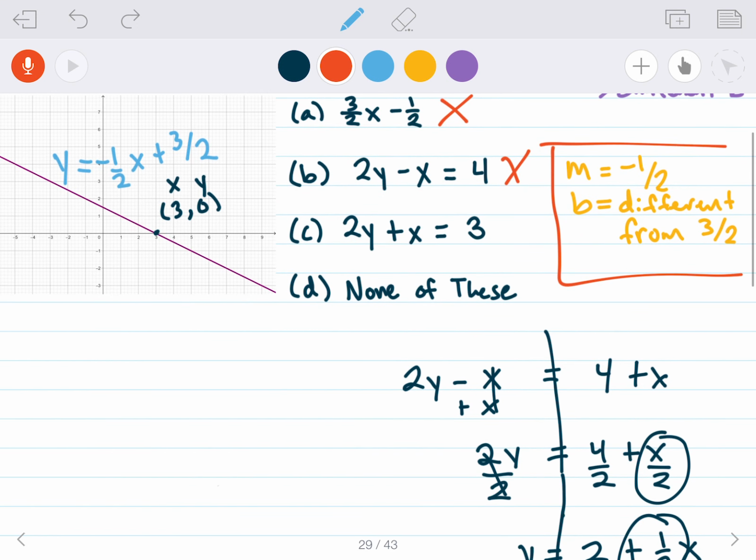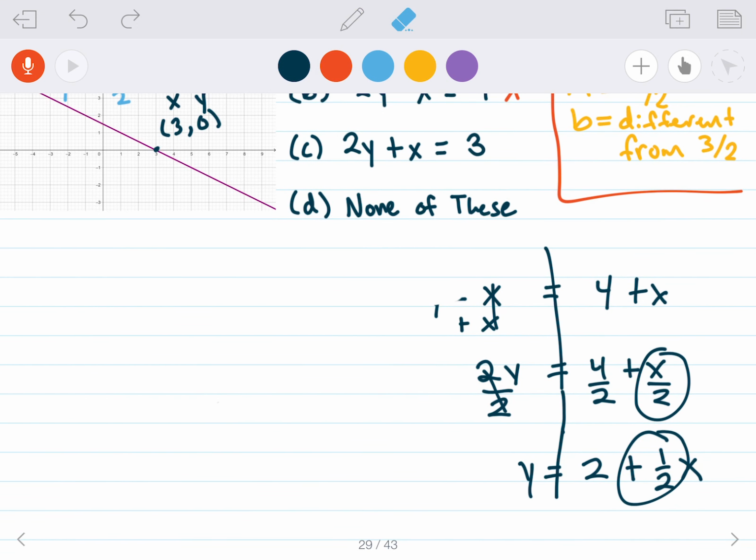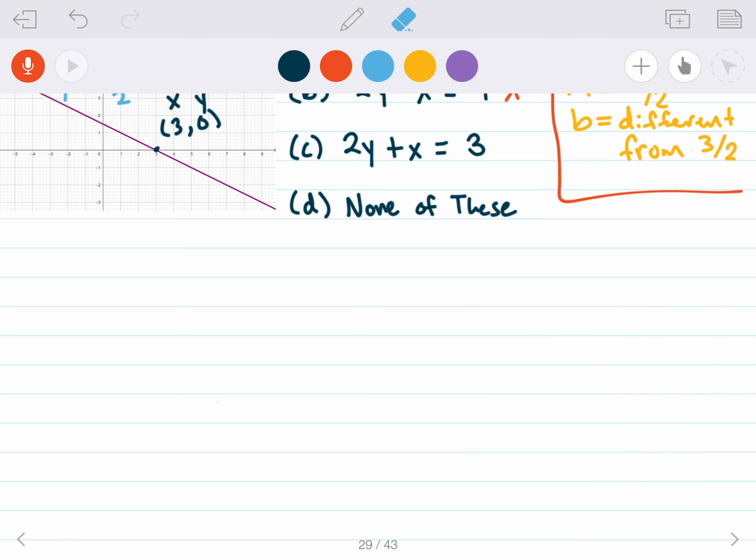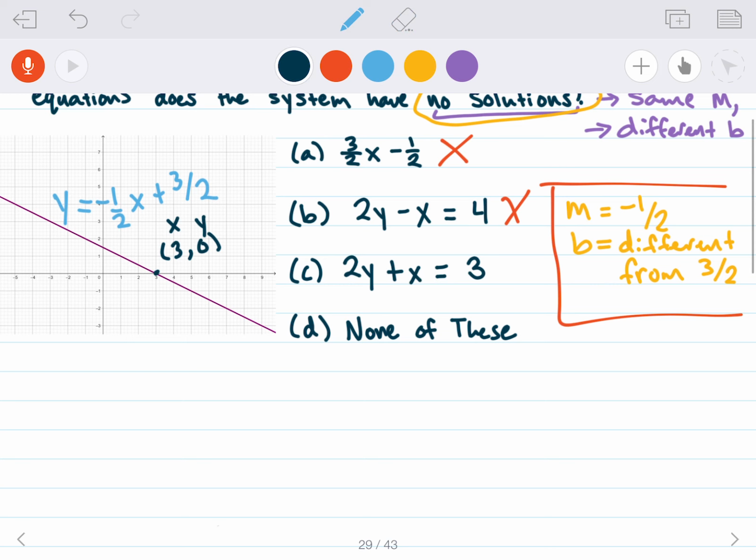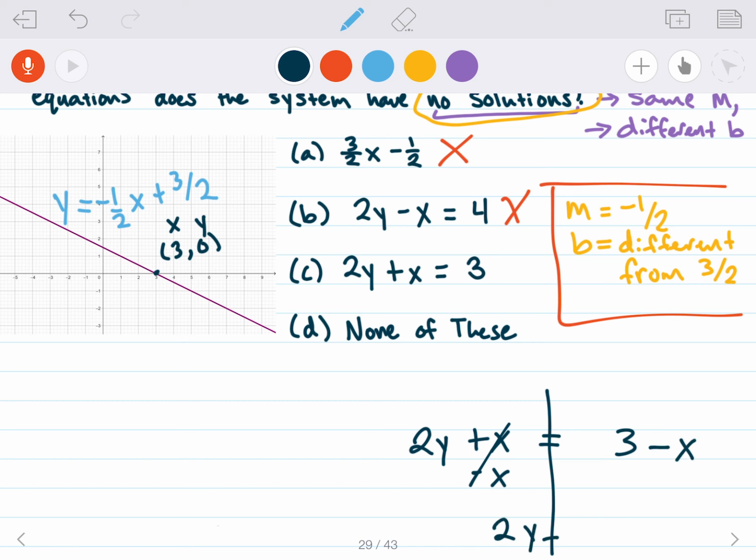Now let's look at choice C. So choice C, we have 2y plus x equals 3. Let's get y by itself. We'll subtract x first from both sides, leaving us with 2y on the left, 3 minus x on the right.